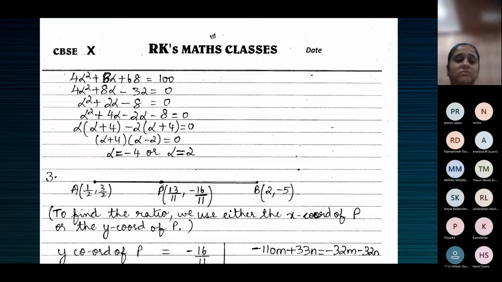We split the middle term to solve, and you see the values of alpha are -4 and 2.